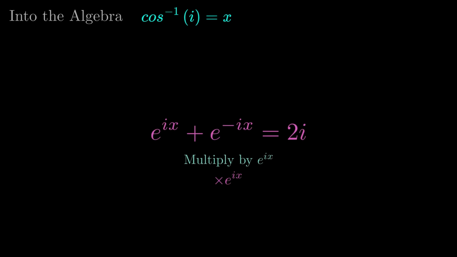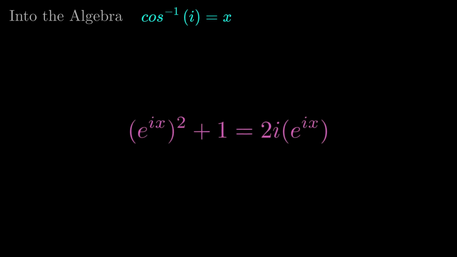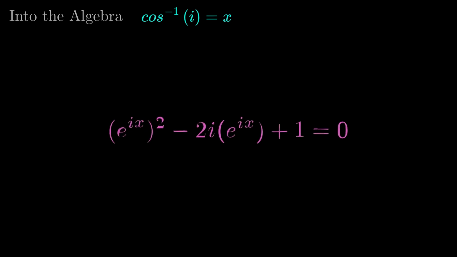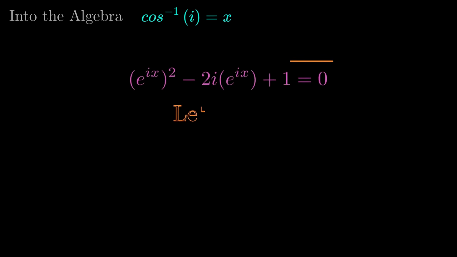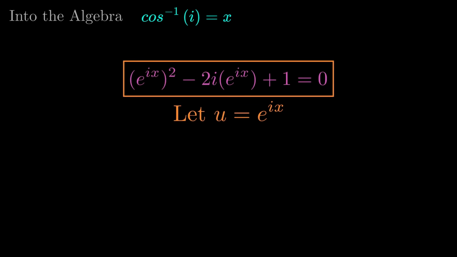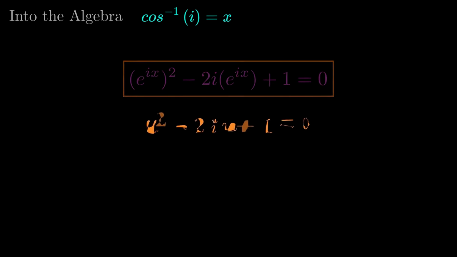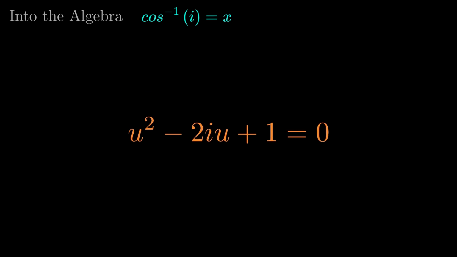Now clear the negative exponent by multiplying everything by e to the ix: e to the ix squared plus 1 equals 2i times e to the ix. Bring it all to one side and you get a hidden quadratic, e to the ix squared minus 2i times e to the ix plus 1 equals 0. Let u equal e to the ix, then it becomes u squared minus 2iu plus 1 equals 0.